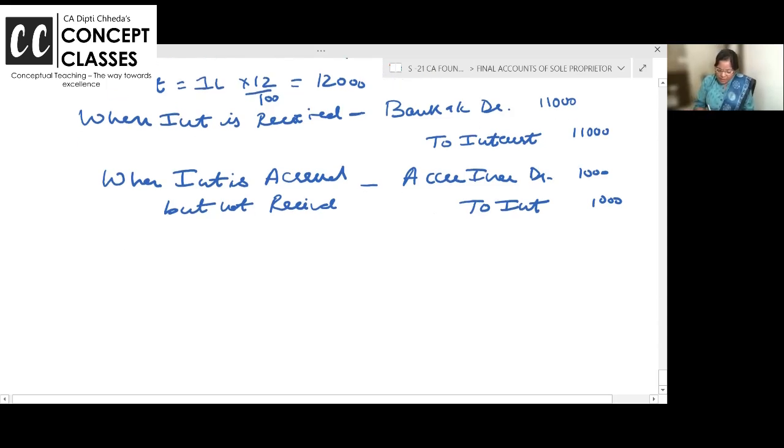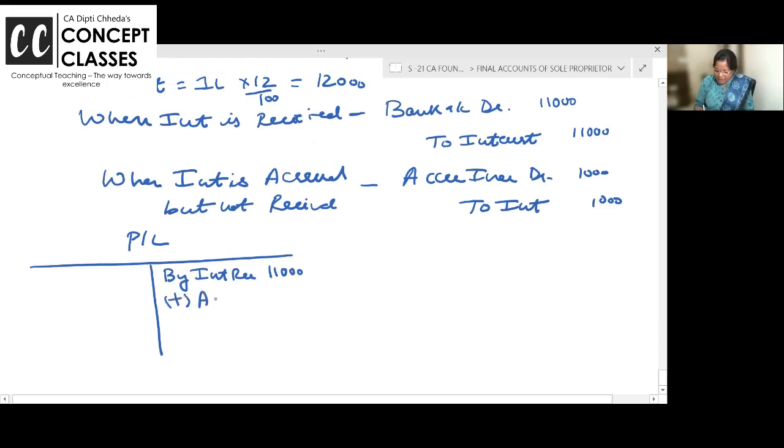Now how will this appear in the P&L account? I'm showing you how this will appear on the credit side of the P&L account: by interest received 11,000 plus accrued 1,000, total is 12,000. Interest received 11,000, accrued 1,000.